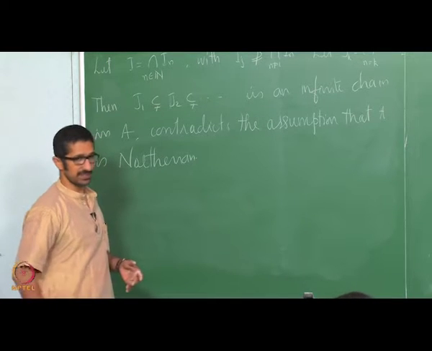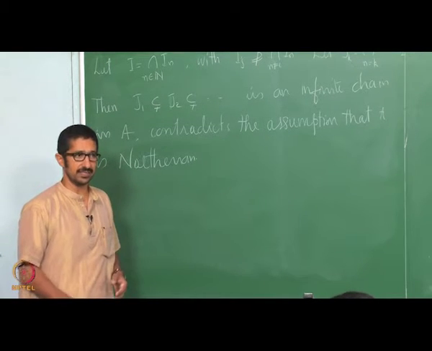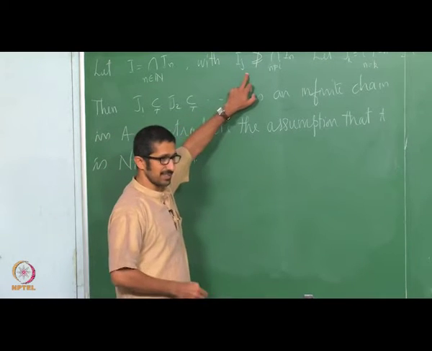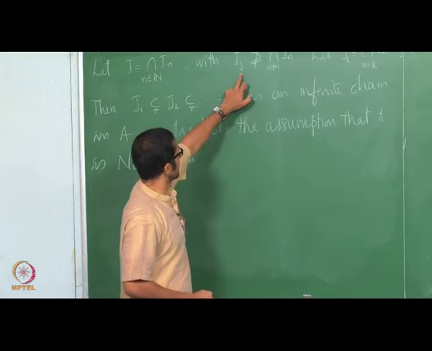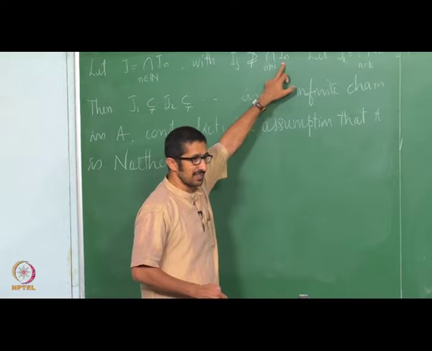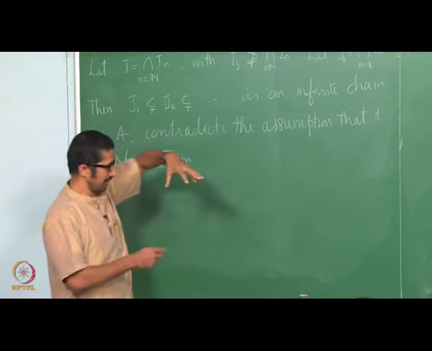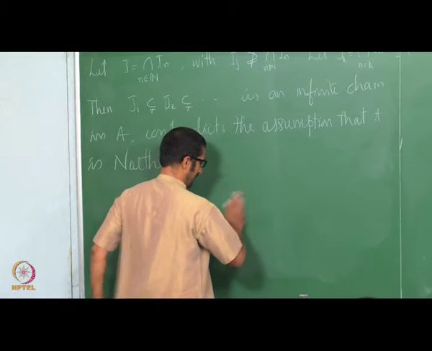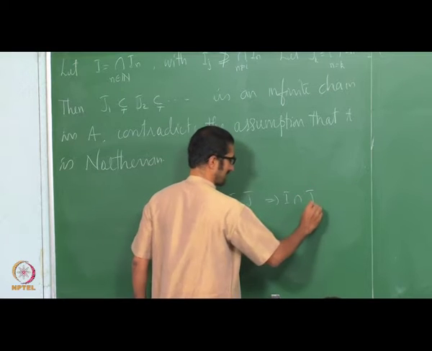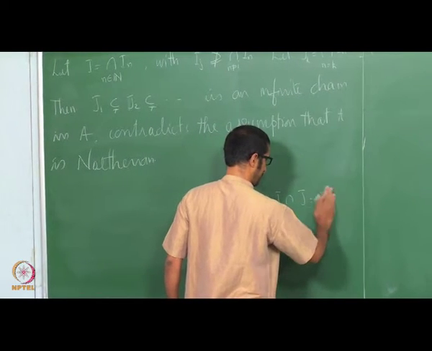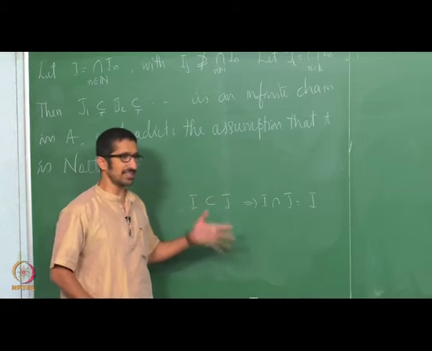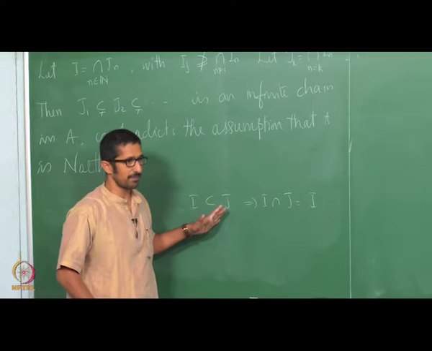The primary decomposition is precisely what we said. Sir, what is the use of that second assumption? See, if I_j contains the intersection of the rest of them, if I have some ideal I contained in J, then I intersection J is the same as I. So the role of J is not there, J need not be there at all.